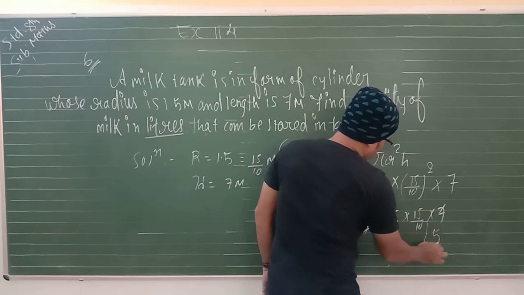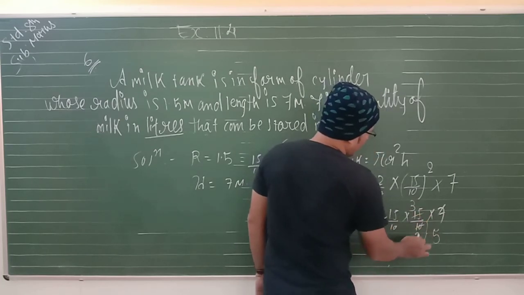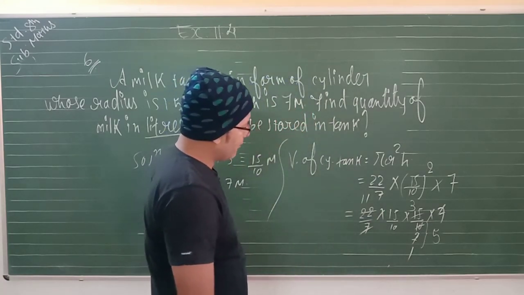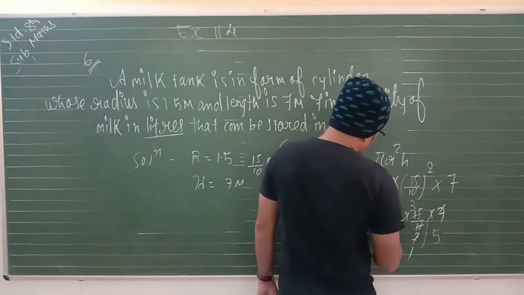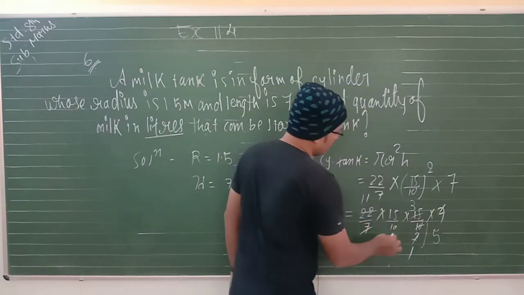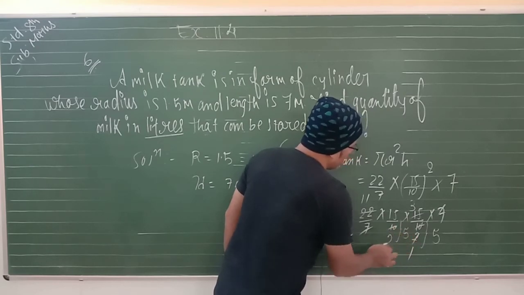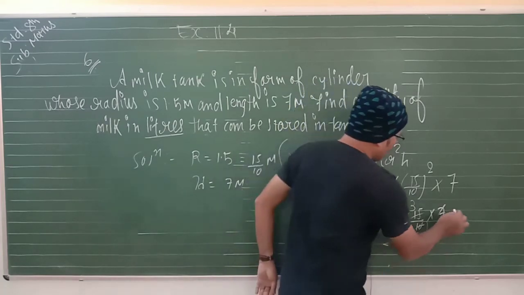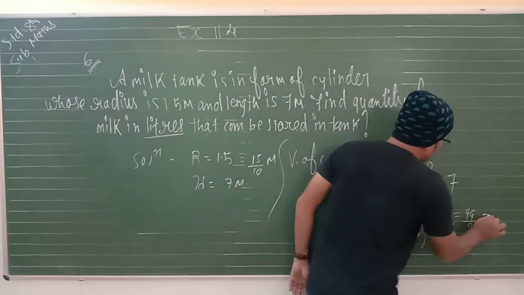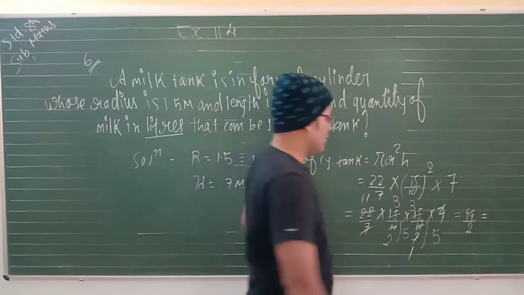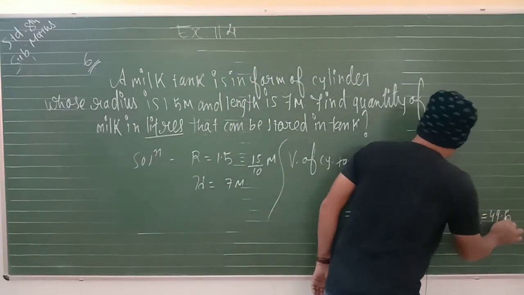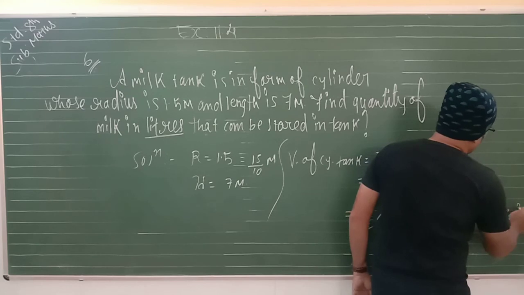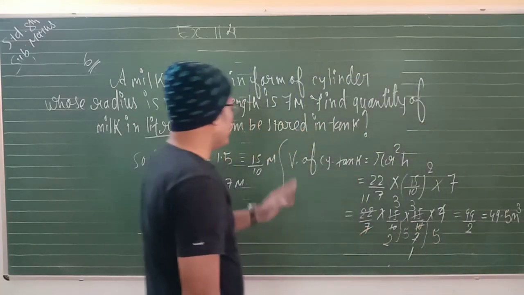Take the table of 5. 3 5s are 15, 2 5s are 10, 1 and 11 5s are... Now see what you have left. Again with the 5, 2 5s and 3 5s. 3 3s are 9, 11 9s are 99 by 2. You have to be very perfect in cancellation. It will be 49.5. Now see, as it is meter, 49.5 meter cube. This is the volume of cylindrical tank.